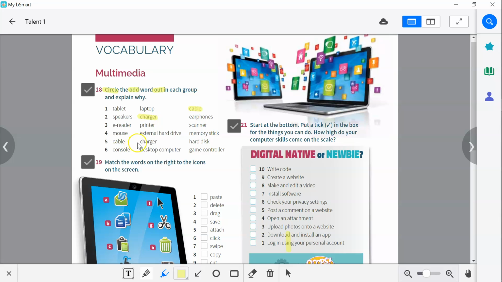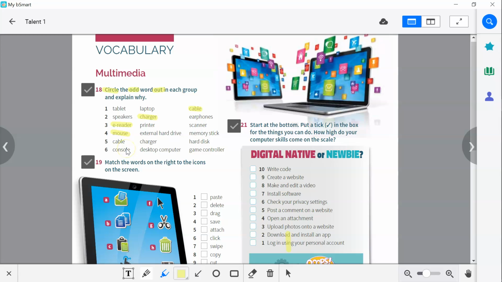In line number 3, we have to circle out e-reader because it is not a computer accessory as printer or scanner. In line 4, we have to circle out mouse because it is not for storage. It is not a backup or storage device.